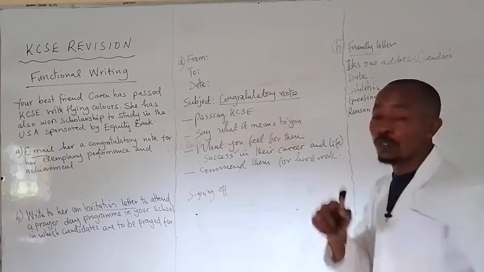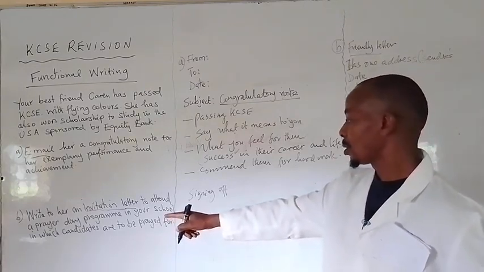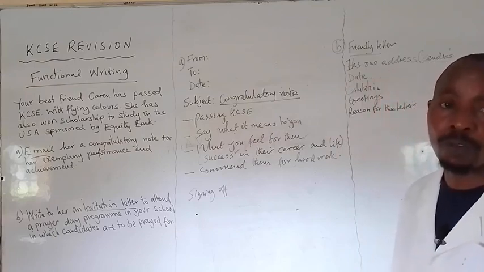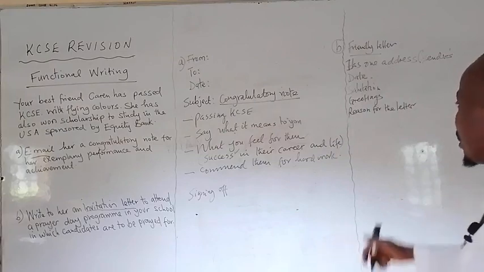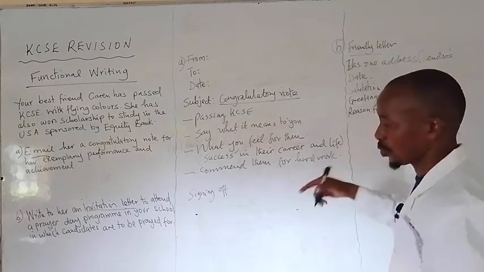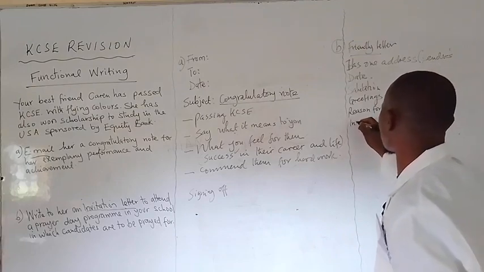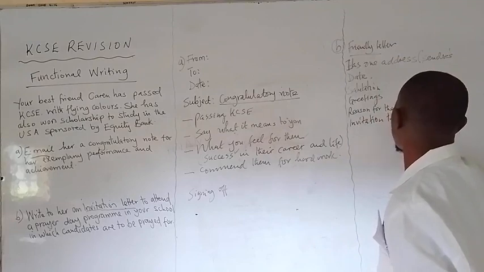And I know the reason for the letter is an invitation to a prayer day program in their school for candidates of Form 4. So when talking about that, it must be an invitation to that school. After this invitation, the reason is an invitation to a prayer day.